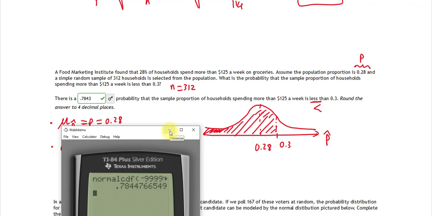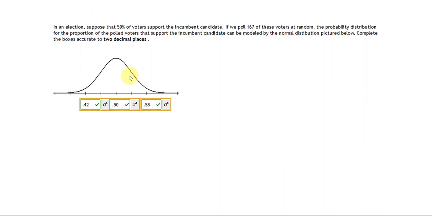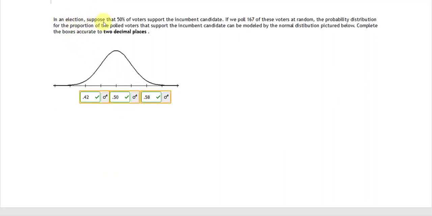Okay, so that is how we do this problem. Let's do the next one. In an election, suppose that 50%, so any time that we are given the percentage, consider that as a proportion.